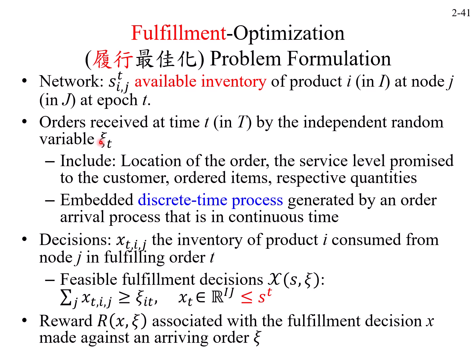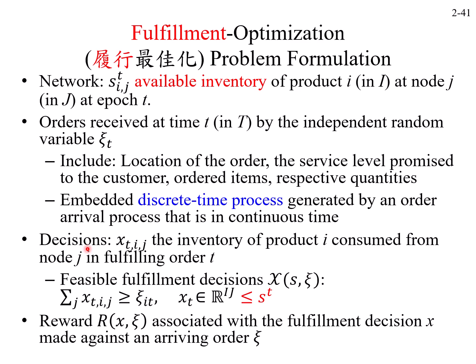That includes the location of the order, the service level, for example, 1 day, 2 day, or 7 day, what products you order, and how many. The real problem is continuous time, but to make the problem easier to solve, we embed a discrete time process. Okay, that is one technique.